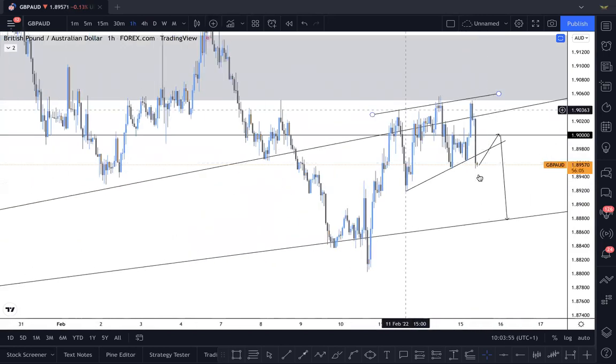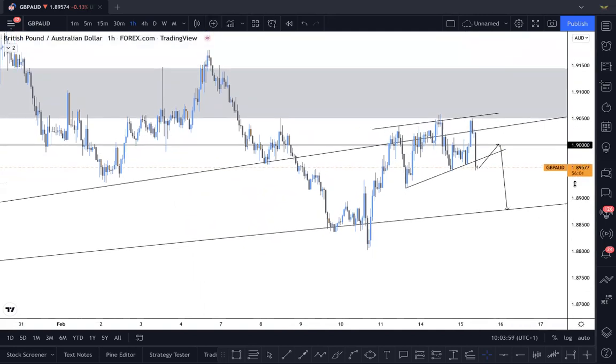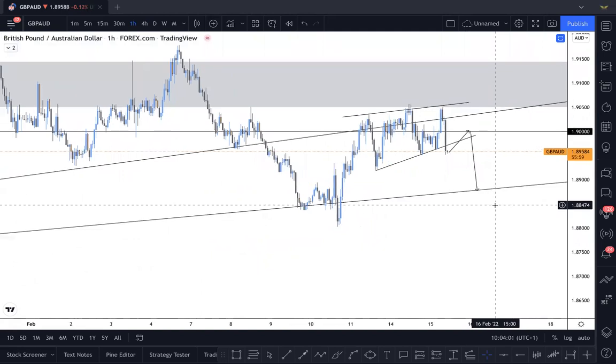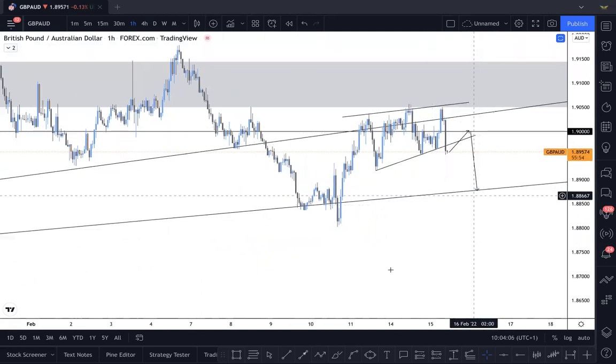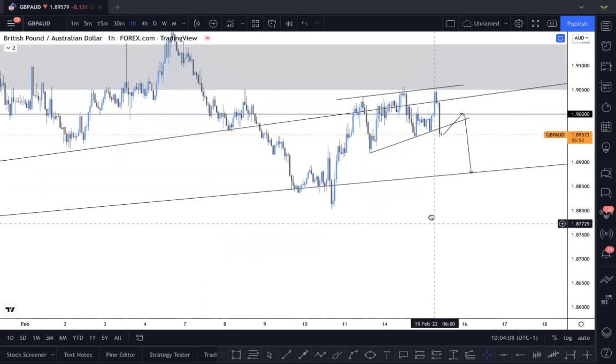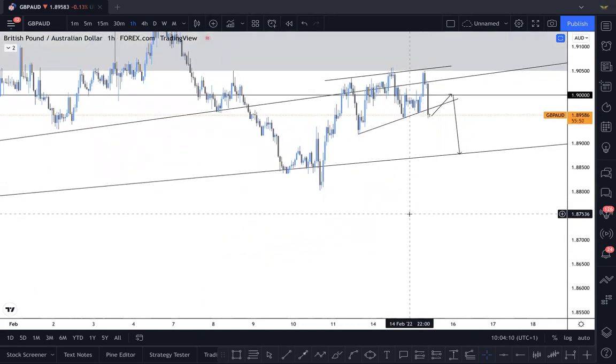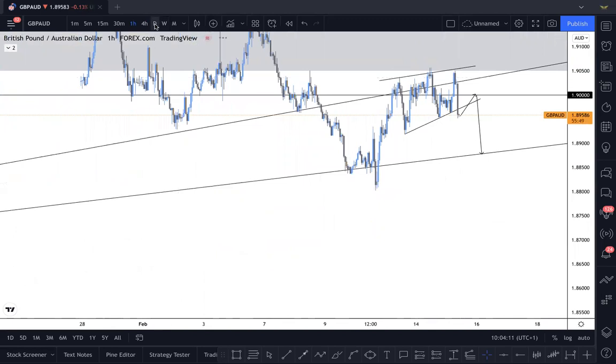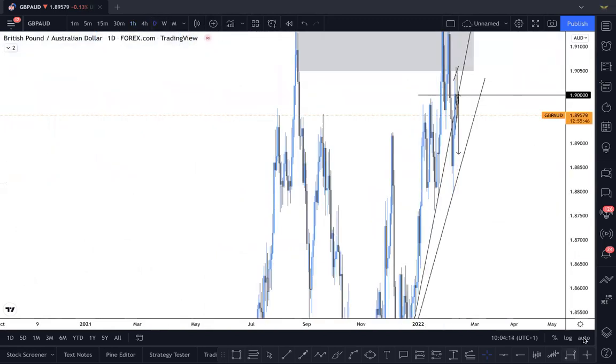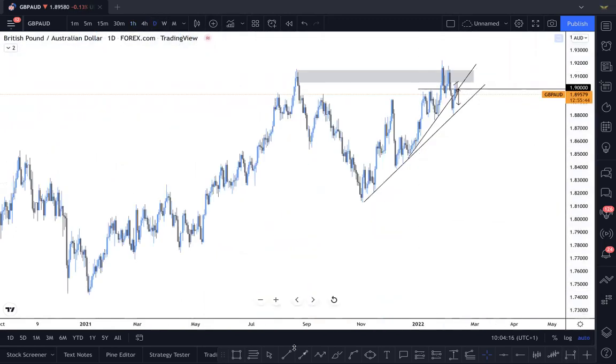Currently the consolidation has been engulfed, so it means sellers are getting into play, right? So this is what you should watch out for. And if this trend line gets broken, then we're going to have a strong fall with our daily target, which will be nothing less than 186 as the first target.